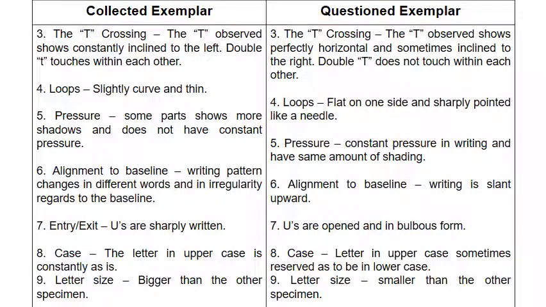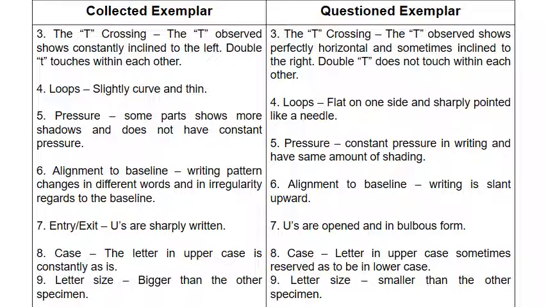The t crossing: in the collected exemplar, it is consistently inclined to the left, and double t's touch each other, while in the questioned exemplar, it is perfectly horizontal and sometimes inclined to the right. Double t's do not touch each other.